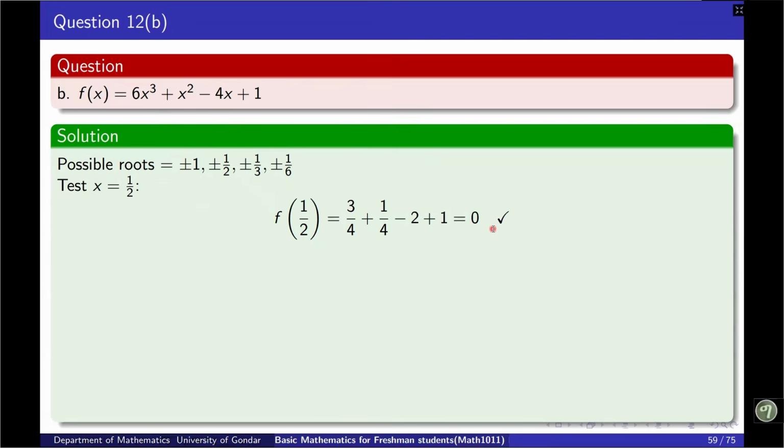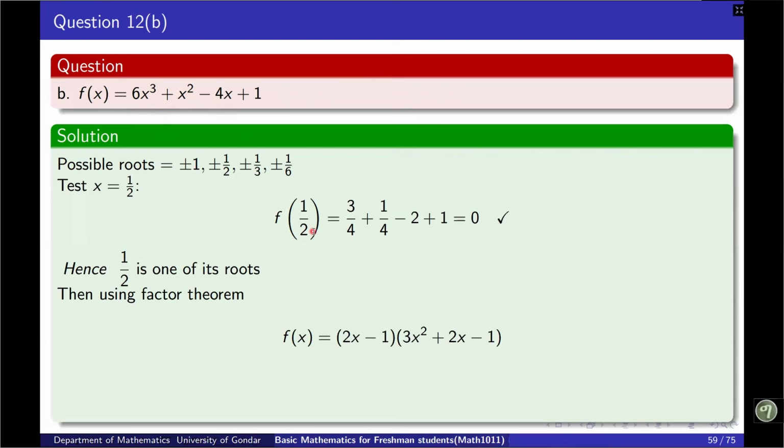Therefore, 1 over 2 is one of the possible rational roots of this polynomial function. If 1 over 2 is a rational root, then using the factor theorem, x minus 1 over 2 must be a factor.